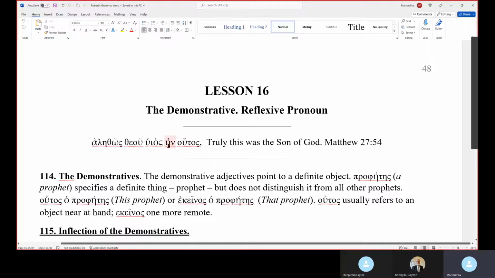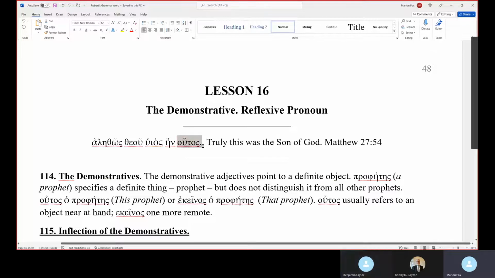All right, now this is from Amy, of course. We've already had that. And truly, this was being the Son of God, okay? And the word should be in italics, okay?